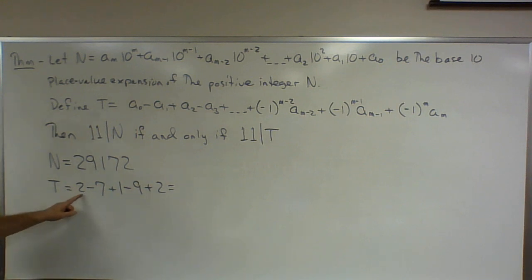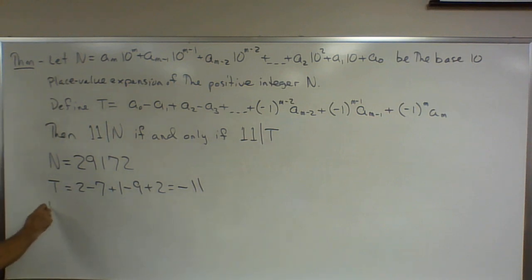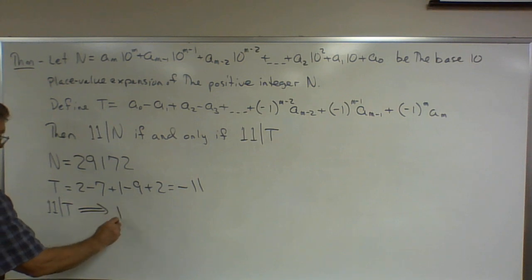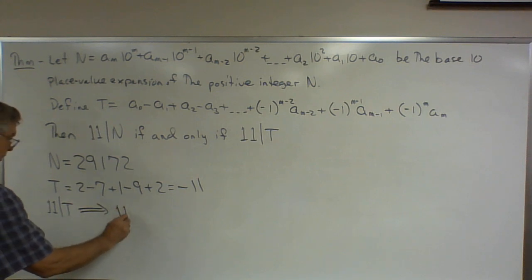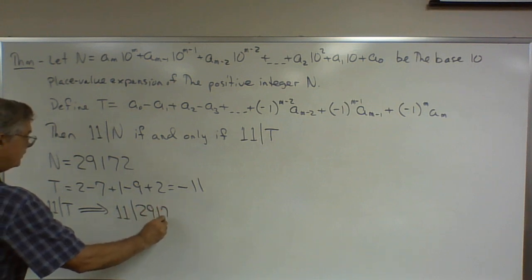We get 2 plus 1 plus 2 is 5, minus 7 is negative 2, minus 9 is negative 11. Clearly, 11 divides T. 11 times negative 1 is T. Therefore, 11 also divides 29172.